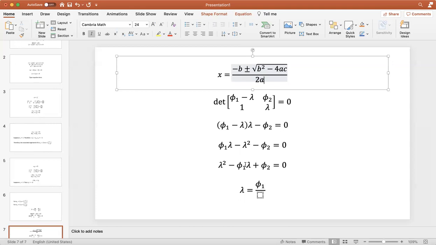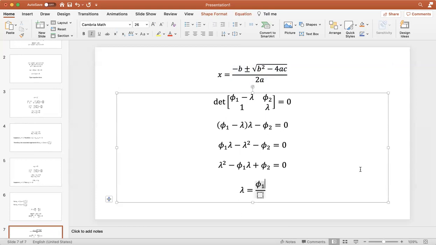So since the phi1 term is already negative, multiply it with another negative and you'll get positive phi1, plus or minus the square root of phi1 squared minus 4 times 1 times phi2, over 2, because a is equal to 1. So you have two values here.